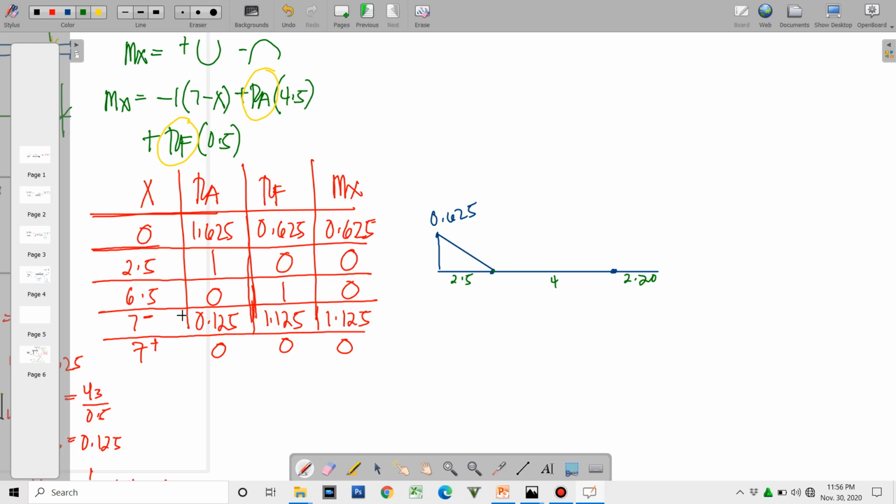When x is 6.5, our value is also 0. 7 minus, that is 1.125.